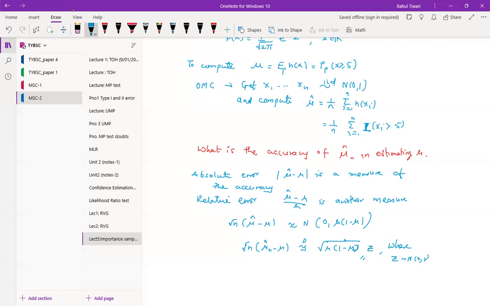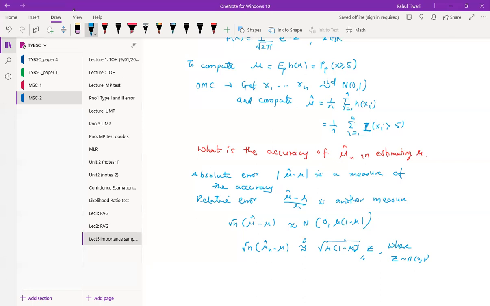Depends upon that. So that's why, instead of absolute error, one can always go with relative error, because that may give a better result.